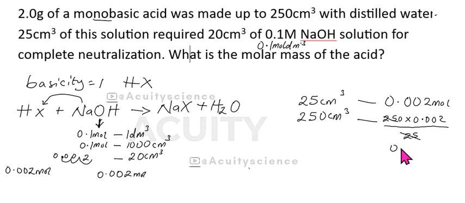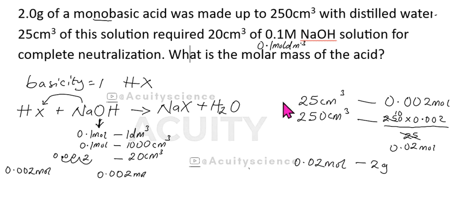So we'll have 0.02 mole. Well, it's interesting now because this simply means it was 0.02 mole that was in 250. And we're told in the question that 2 gram was in 250. It means that the mass of 0.02 mole is 2 grams.